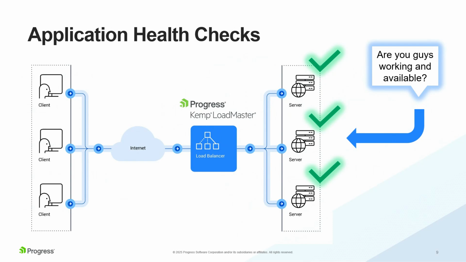It may be a layer 3 ICMP health check, basically a ping, an echo reply. Is this IP address responding to a question and response? Pretty simple. But then once you march up the OSI stack, we have layer 4 TCP handshake or UDP port availability health checks. You can march up the OSI stack further to layer 7.